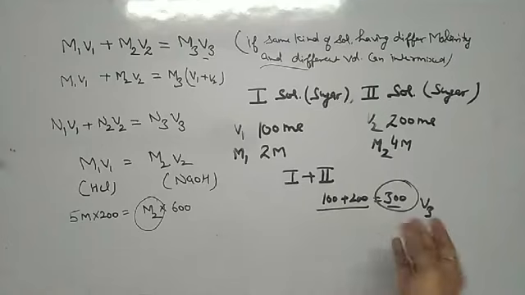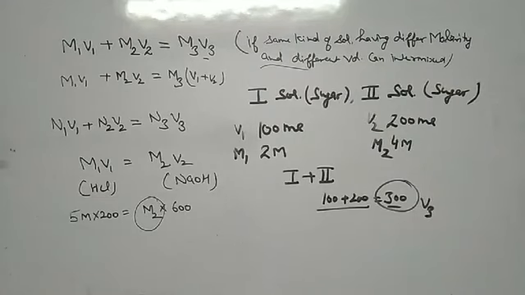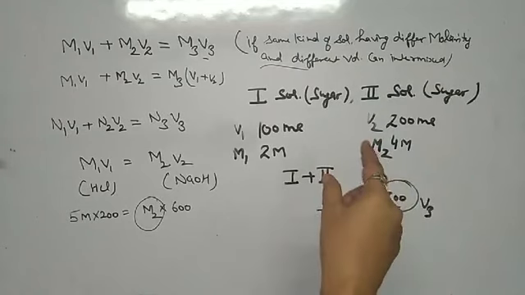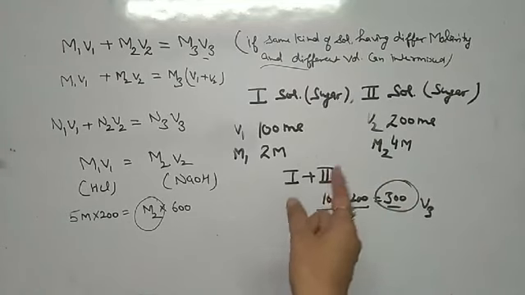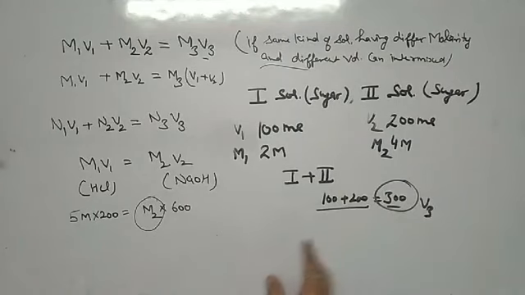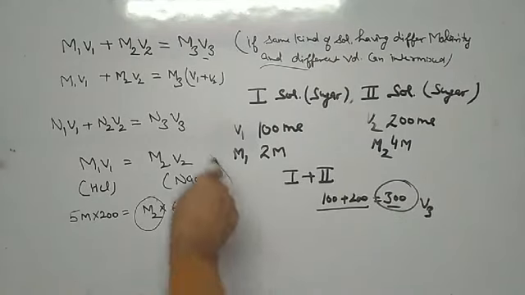And if you want to find the mass of those 2 moles or 4 moles, what will be the total amount? Can you tell me? Forget applying this formula, you have the same kind of solution. If the solutions are different, that time you may use this formula.